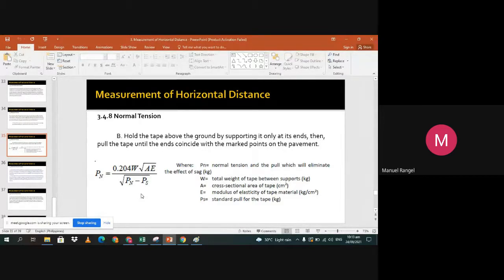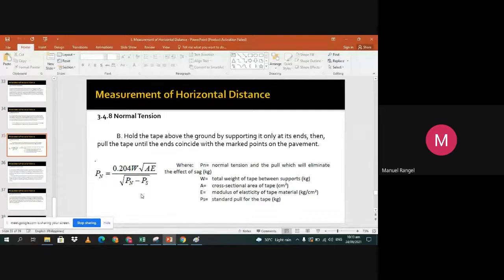So its use may be preferred to making sag corrections when suspended spans are measured with standard tension. So in precise surveys, it is applied with an accurate spring balance and other taping accessories to control proper tension. So you need also the spring balance.